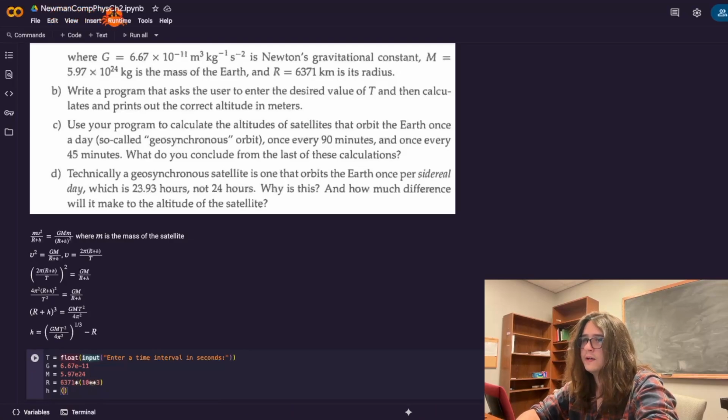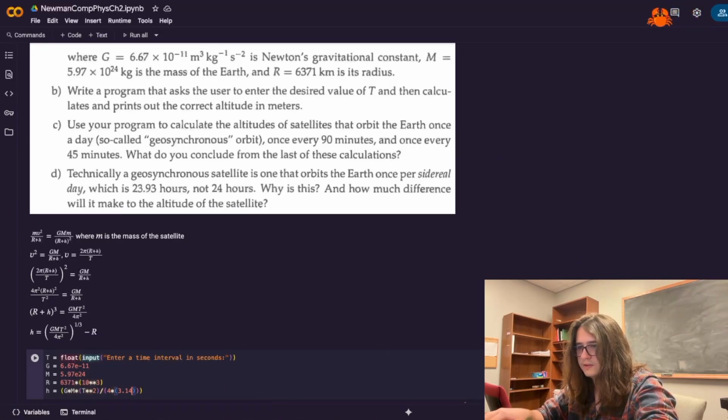Okay. Now we can write the formula for h, which is G times M times t squared, divided by, in parentheses, 4 times pi squared, where let's just use 3.14 for pi.